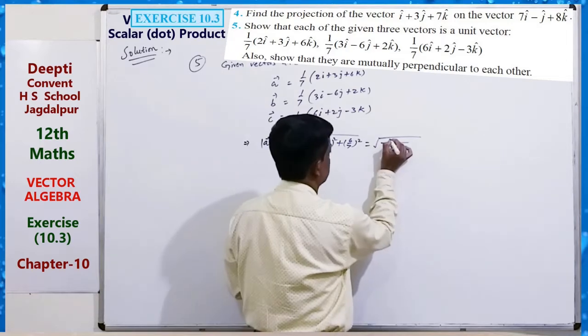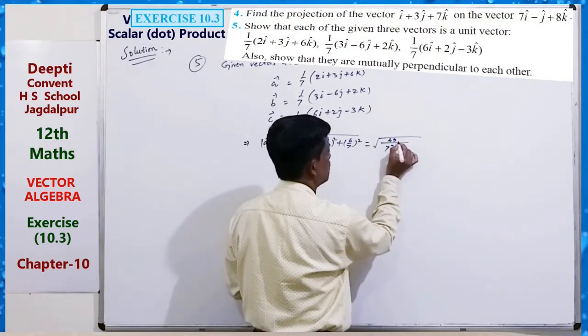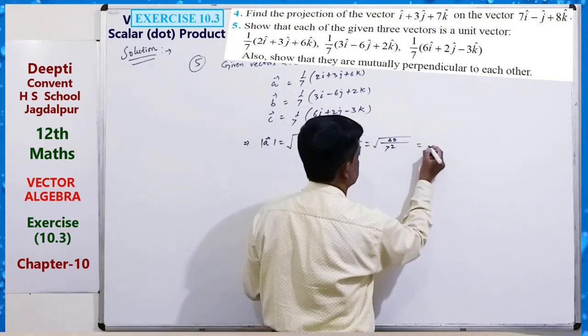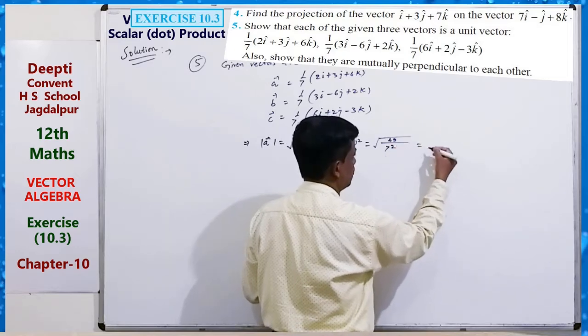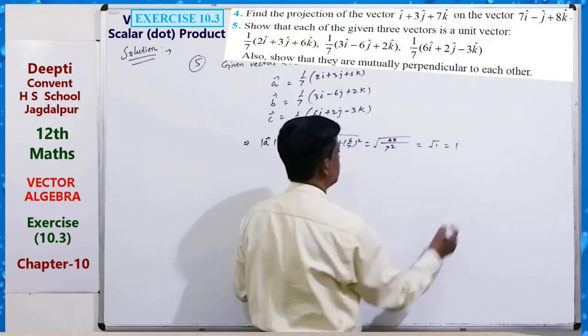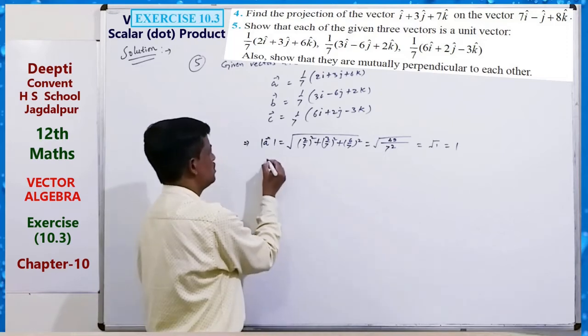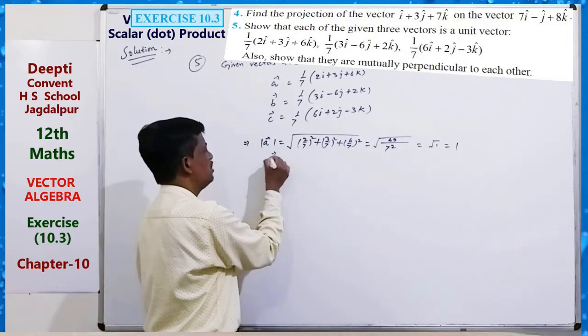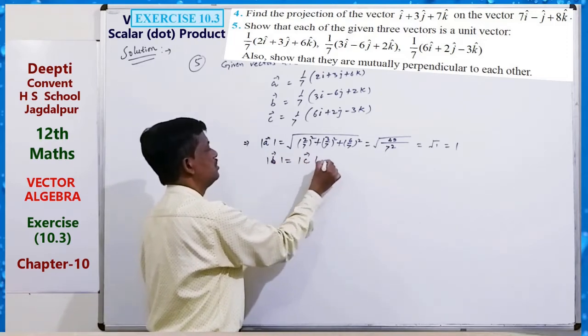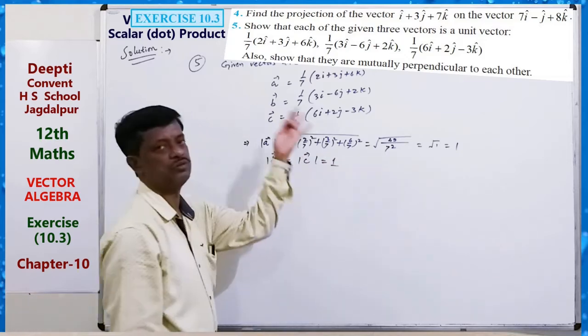So we get 49 upon 49, that is 7 square over 7 square, which cancels out, and root of 1 equals 1. Similarly, mod B and mod C are equal to 1. So they are unit vectors.